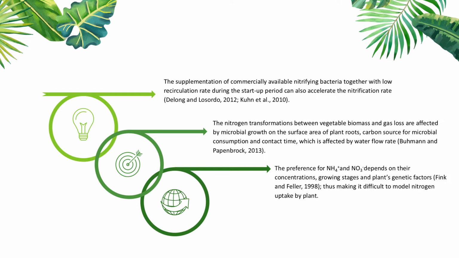The nitrogen transformation between the vegetable biomass and gas loss are affected by microbial growth on the surface area of the plant roots, carbon source for microbial consumption, and contact time, which is affected by the water flow rate. The preference of ammonium and nitrate depends on their concentration, growing stages, and plant genetic factors, thus making it difficult to model nitrogen uptake by plants.